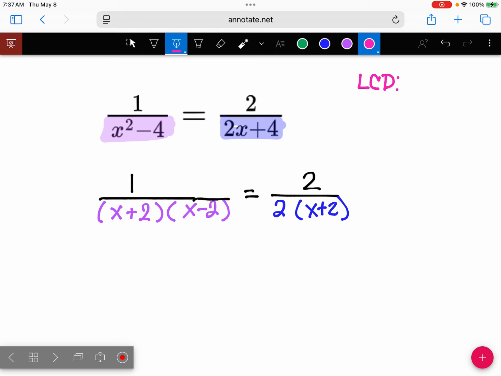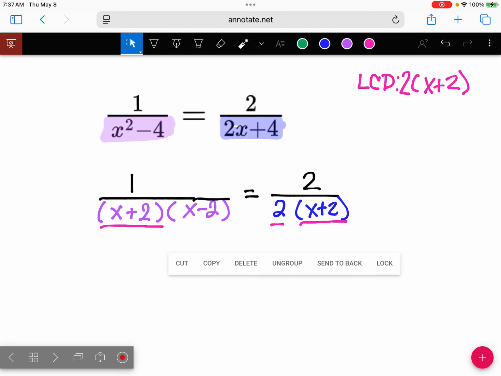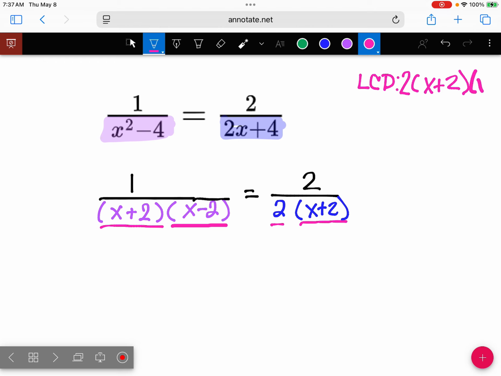So we already see there's an x plus 2 in our denominator. We know that one. This guy already has that, so we're good to go there. We also need to include the 2. I'm just going to squeeze it in front. And we need to include the other piece down here, the x minus 2.